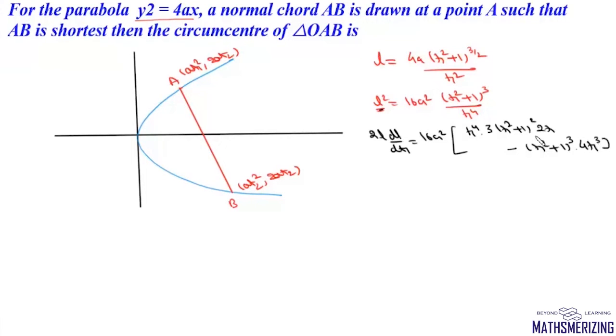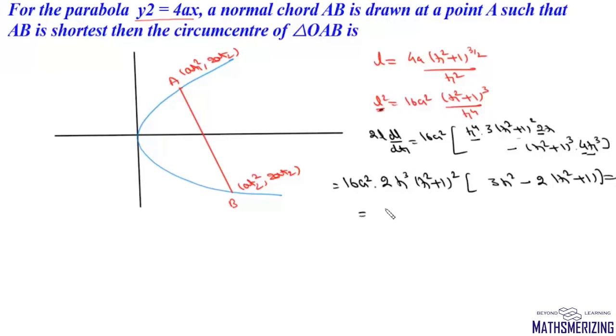Now we'll take 2t1³ and (t1² + 1)² common. We'll write 16a², and then 2t1³(t1² + 1)², and then we'll get 3t1² minus 2(t1² + 1). For maxima and minima, we'll need to find its critical points, so we'll put it equal to 0.